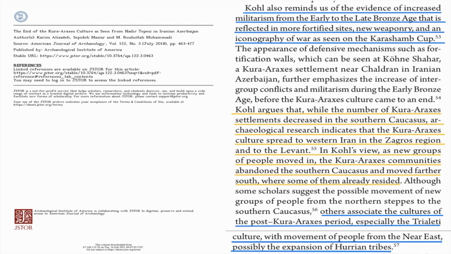Kohl also reminds us of the evidence of increased militarism from the early to late Bronze Age that is reflected in more fortified sites, new weaponry, and an iconography of war as seen in the Kizil Vank cup. Kohl argues that while the number of Kura-Araxes settlements decreased in the South Caucasus, archaeological research indicates that the Kura-Araxes culture spread to western Iran, in the Zagros region, and to the Levant.